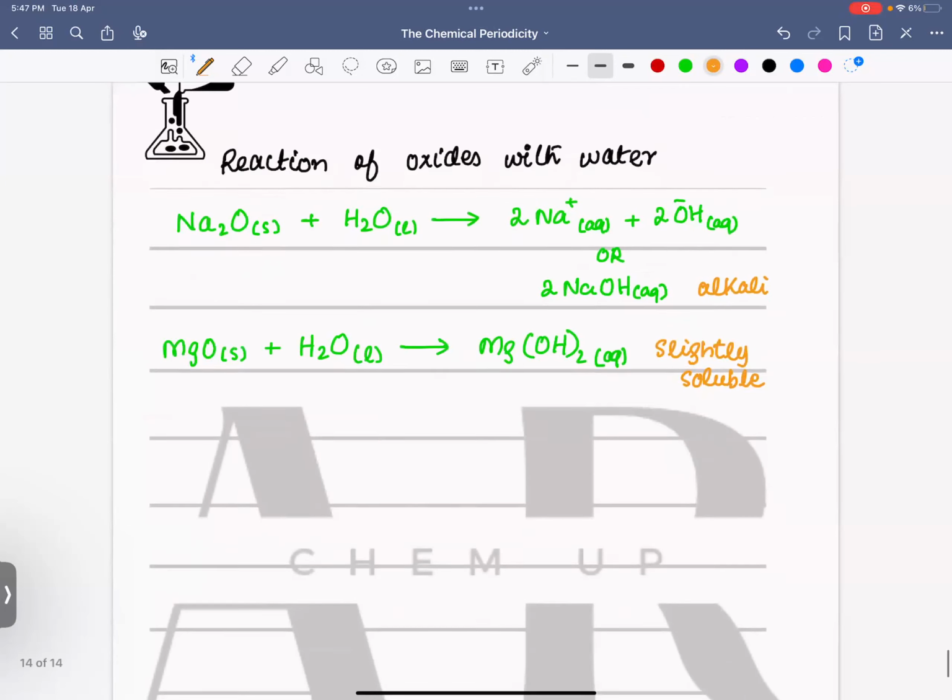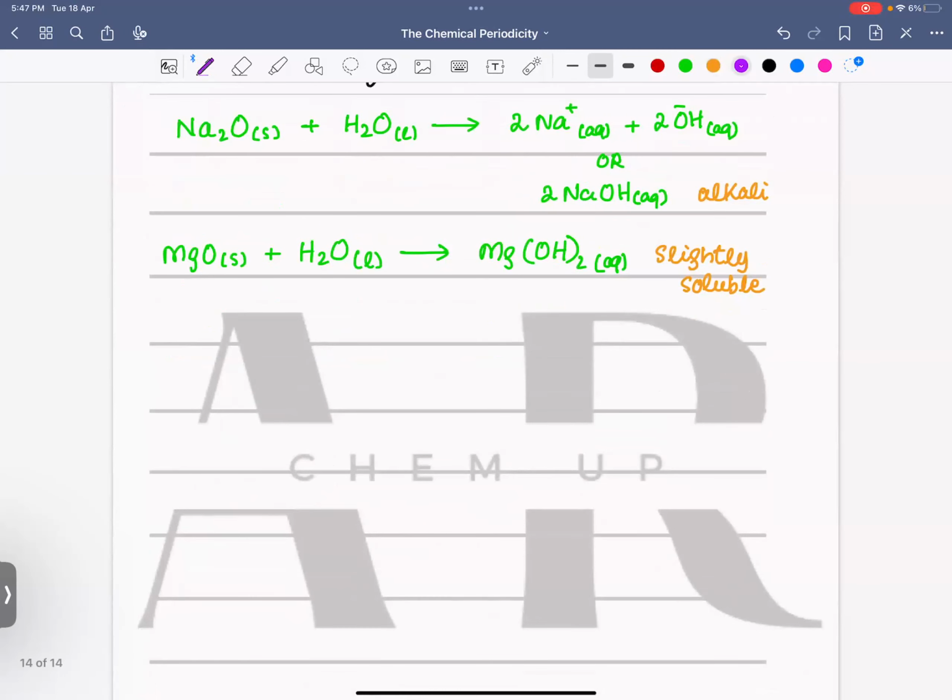Then afterwards, we have aluminium oxide with water and silicon dioxide with water.